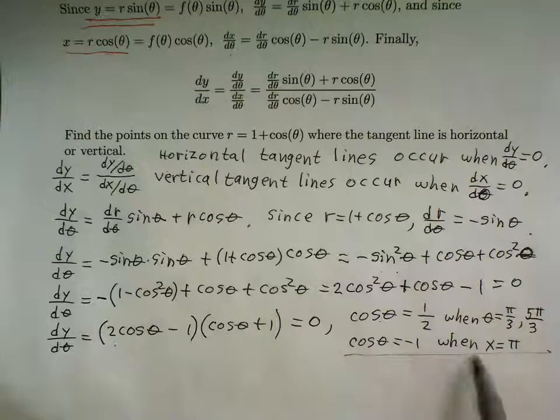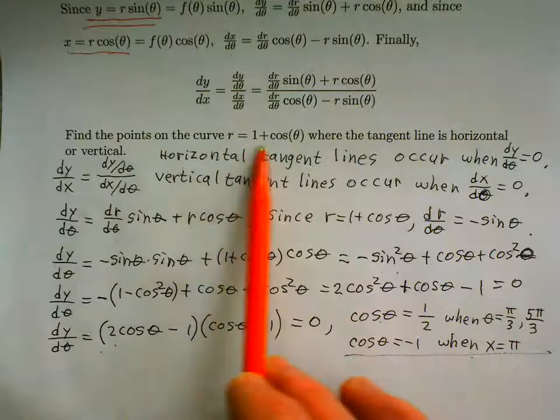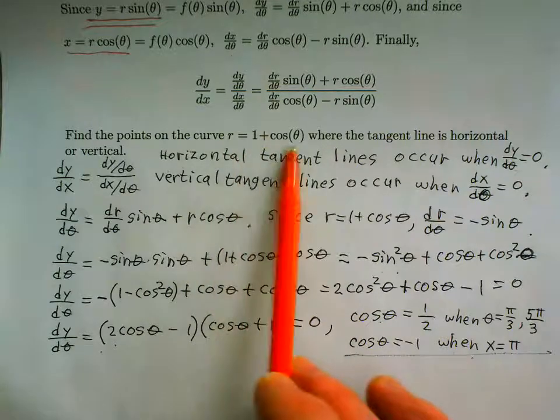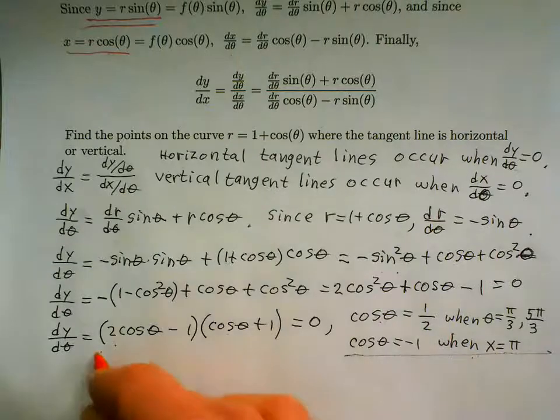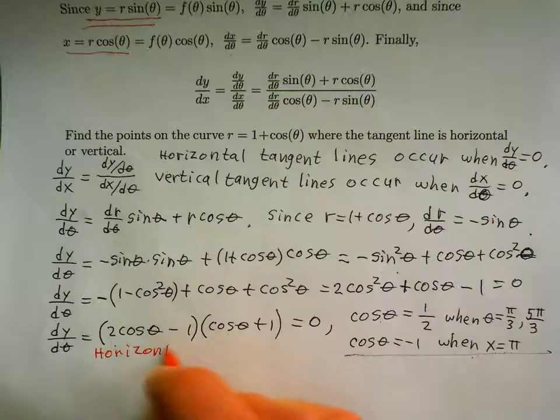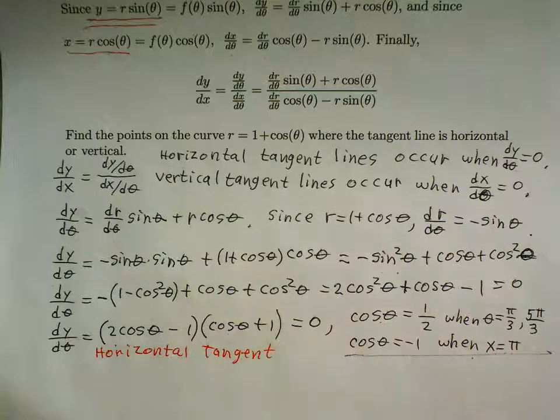Okay, so we're making the claim. If I'm wrong, you don't have to make the claim, but I'm claiming that on the graph of r equals 1 plus cosine of theta, there are horizontal tangent lines that correspond to theta equals pi over 3, 5 pi over 3, and pi.